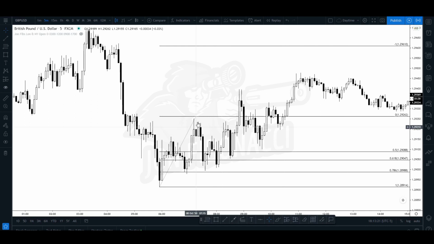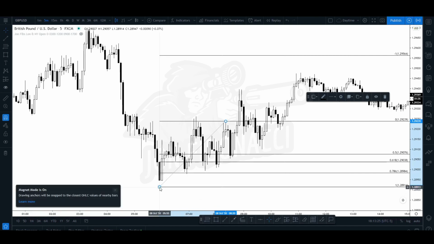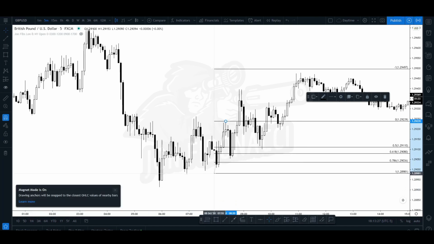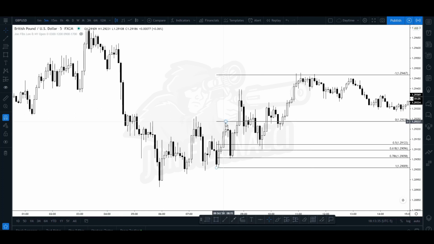So if you wanted to, you could draw the fib from this low to that high, right? Because this is the low that led to the high being broken here, and then a retracement down to that 61.8 or 78.6. That would have been ideal as well, and then market rallies again.